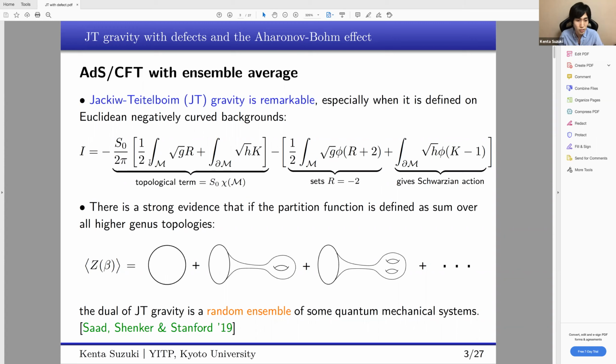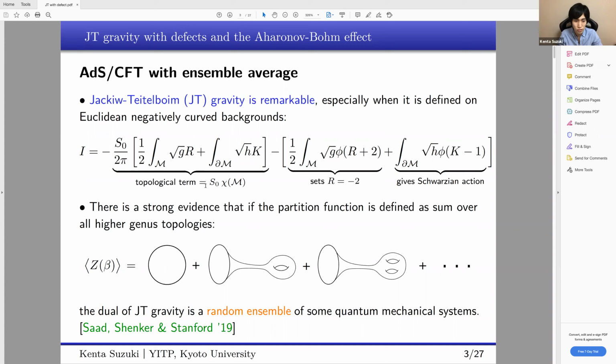And then we denote the two-dimensional manifold M, whose boundary is denoted by ∂M. And g is the metric for two dimensions, R is the Ricci scalar for two dimensions, h is the boundary induced metric, and K is the boundary extrinsic curvature. And this field phi is a dilaton field.